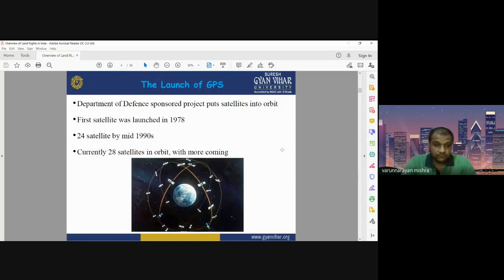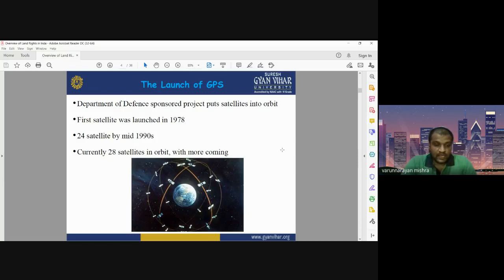GPS, whose full form is Global Positioning System, was first started as a Department of Defense sponsored project to put satellites into orbit. The first GPS satellite was launched in 1978, and by the mid-1990s there were 24 satellites.